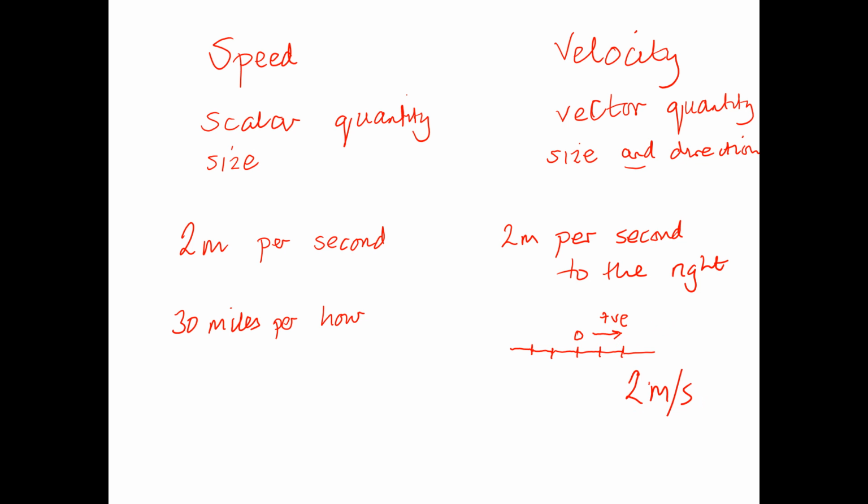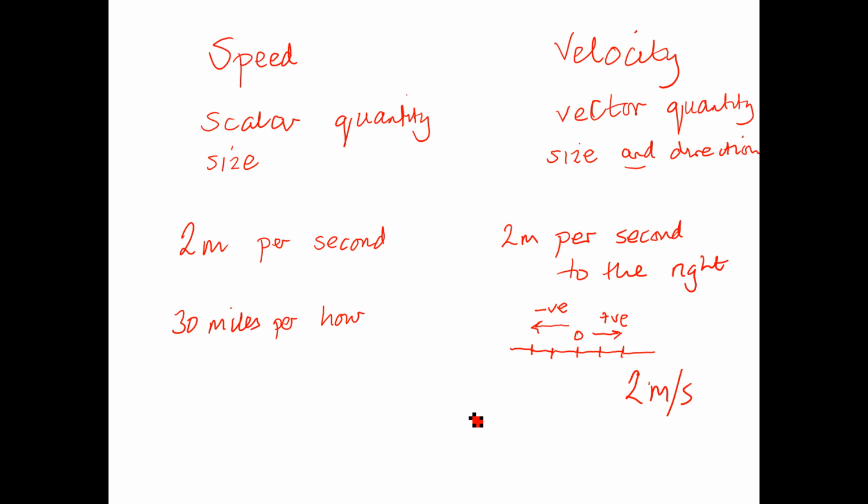Let's see what happens if I now move to the left. Using this idea, if I move to the left, I'm going backwards. I'm going in a negative direction. I've said that to the right is positive. If I move to the left, I'm going in a negative direction. A negative is part of this vector quantity.